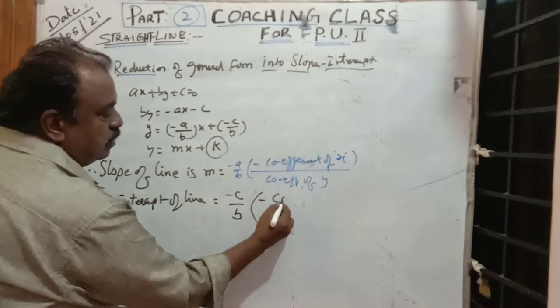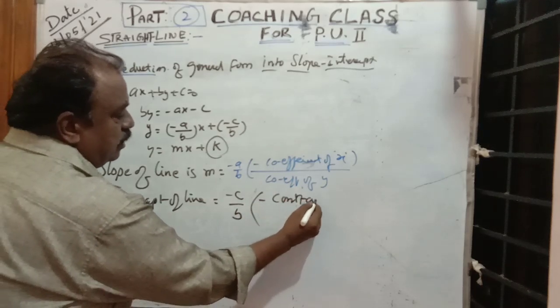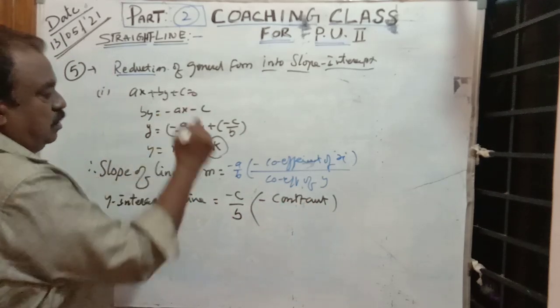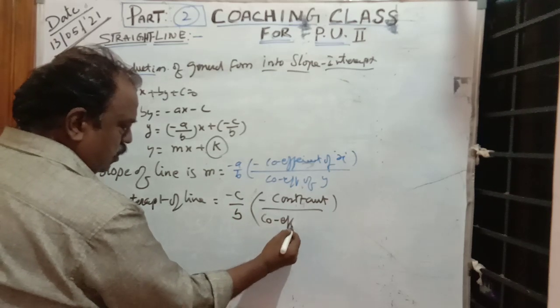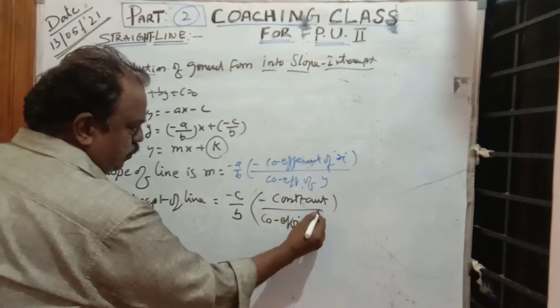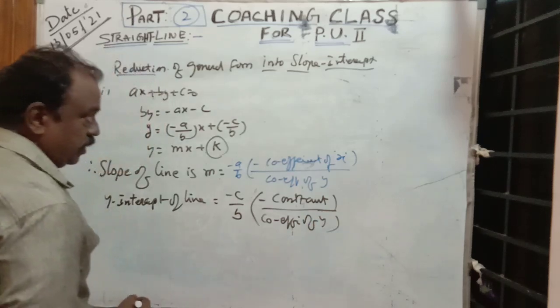That is minus the constant c by b, the coefficient of the y variable in the equation.